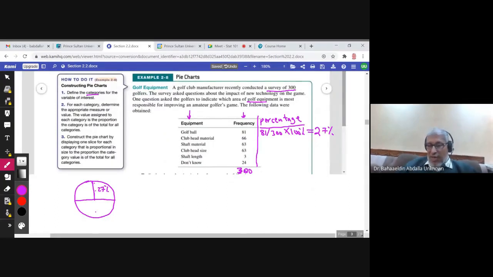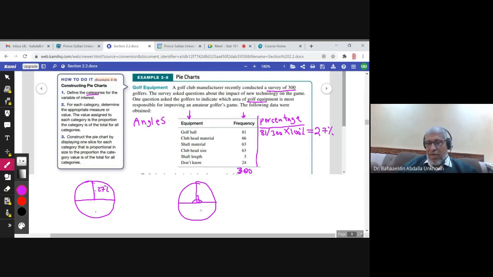There is another way if you want to be more specific. If you want to use an instrument, you can measure the angles. Now, all of the angles inside a circle add up to 360, okay? So you know, for example, that this angle is 180, this angle is 90, okay?